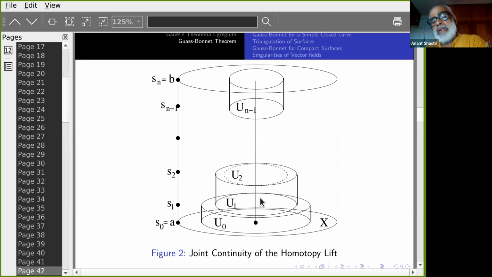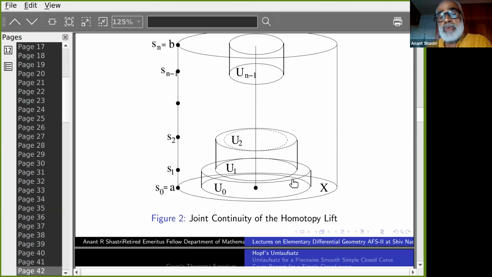Up to here, with the same hypothesis, you will take a smaller neighborhood U2 here, a smaller neighborhood U1 here, and so on. That is what I have shown here. So listen to the proof of how the first step is working. Then you just repeat it n minus 1 times, and you have arrived at the proof. Okay, so let us see how.